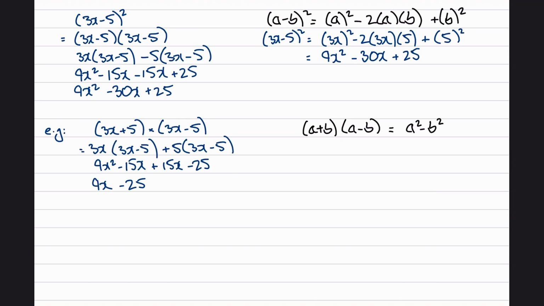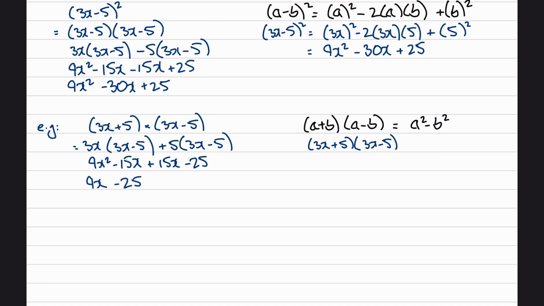So let's try it out with the example that we have done. 3x plus 5 into 3x minus 5, where 3x is a and 5 is b. 3x whole squared minus 5 whole squared equals 9x squared minus 25.